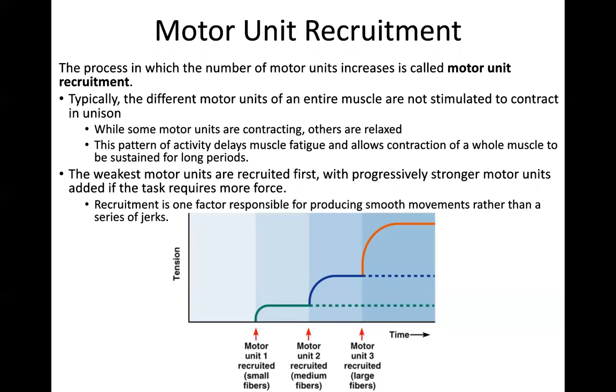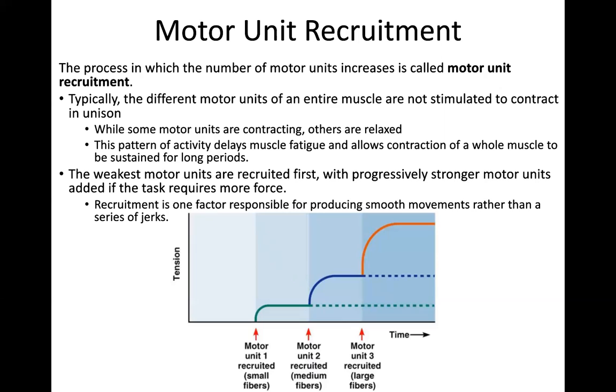If we need to do something that requires very little effort, we're going to recruit our weakest motor units first. If we need to progressively use more, we're going to recruit the larger motor units. We go from small to medium, and then finally, when we need to produce a huge amount of tension, we're going to recruit the biggest and strongest ones last.